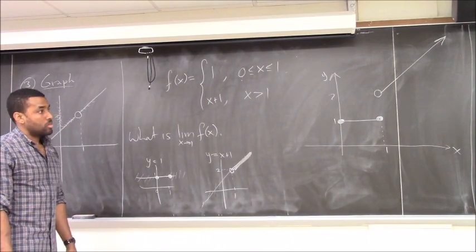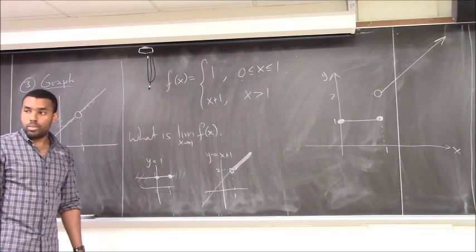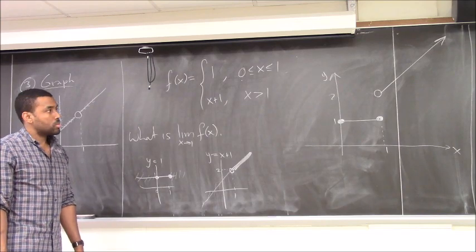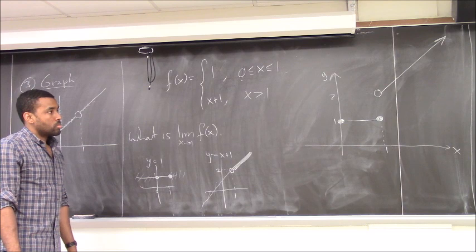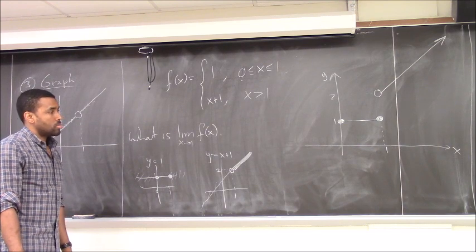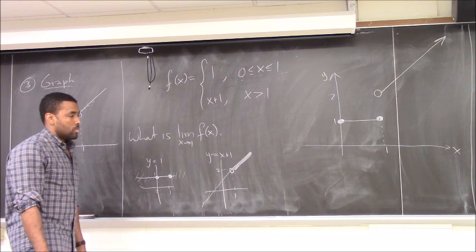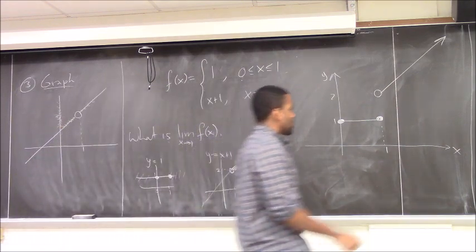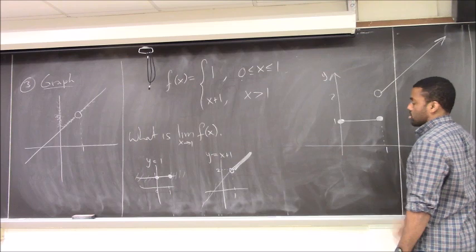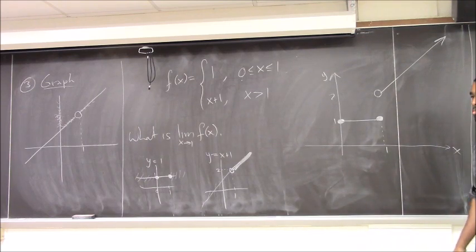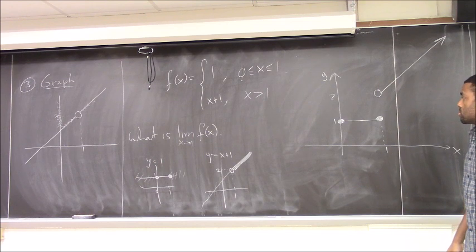There's no limit. Why did you say there's no limit? Because they should go from both sides. Yeah, but we're at 1 here. Does it depend what side you're coming from?